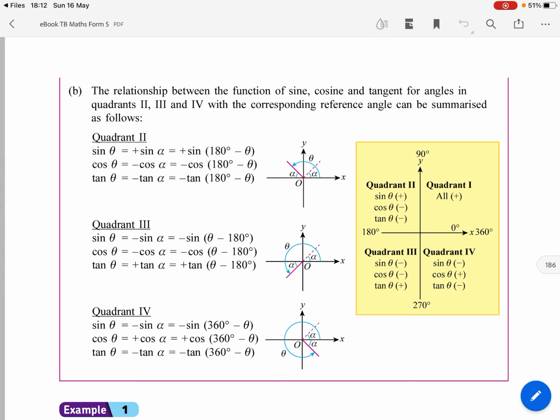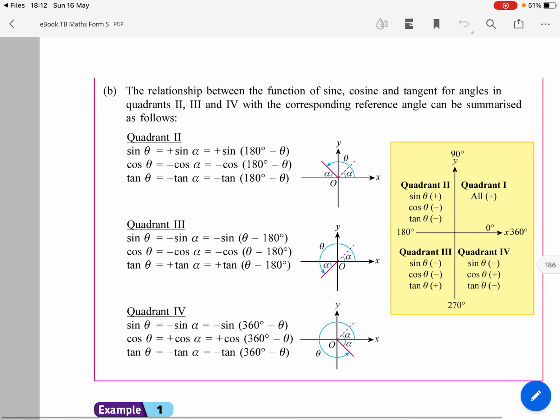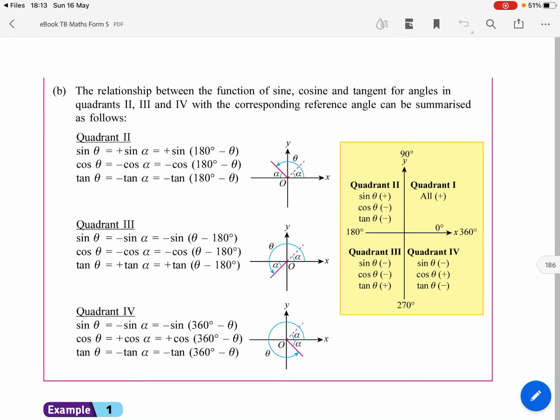The relationship between the function of sine, cosine and tangent for angles in quadrants 2, 3 and 4 with the corresponding reference angle can be summarized as follows. So this one actually you don't need to memorize, you just need to understand. In quadrant 1, all the trigonometric functions are positive: sine, cos, tan. Quadrant 2, only sine is positive. Quadrant 3, only tan is positive. And quadrant 4, only cos is positive.